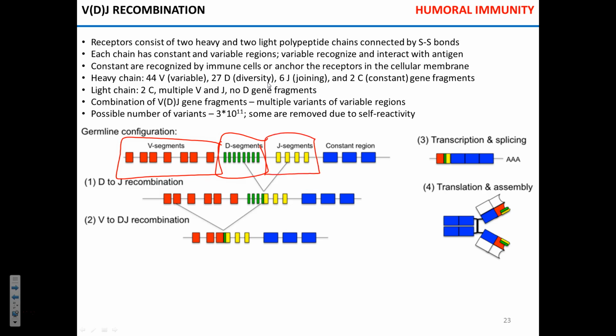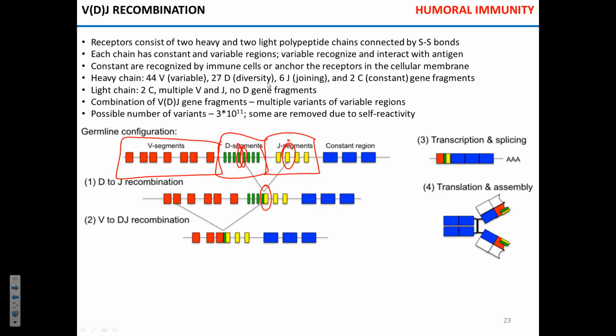So let's say you pick, I don't know, number 4, this segment from the D, no, this one, this segment from J, okay? And you kind of put them together. There is a mechanism for it called recombination, okay?